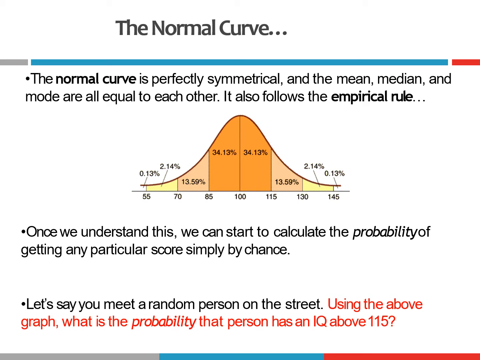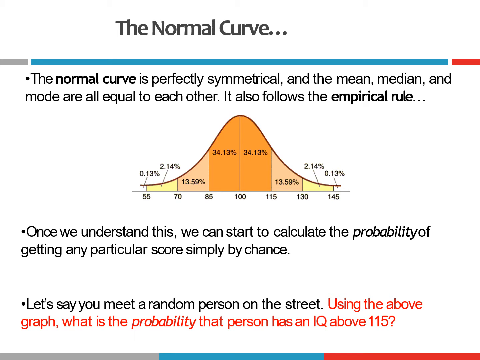And said differently, okay, 84.14% of people are going to have a score at or below 115, okay? So the area to the left of the curve is going to account for those individuals who have a score at or below 115, okay?